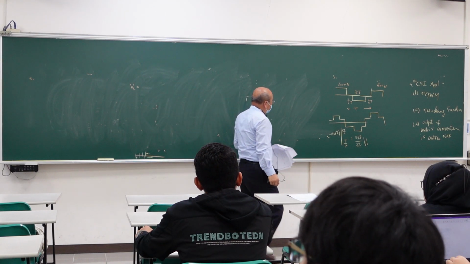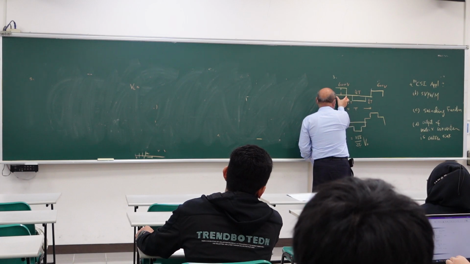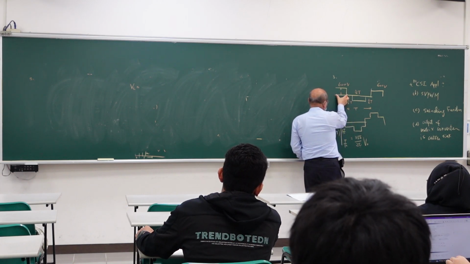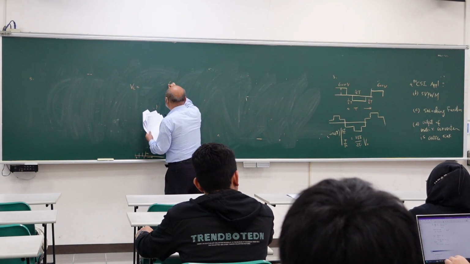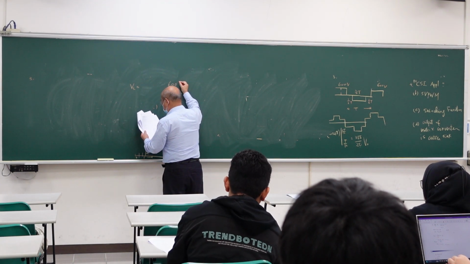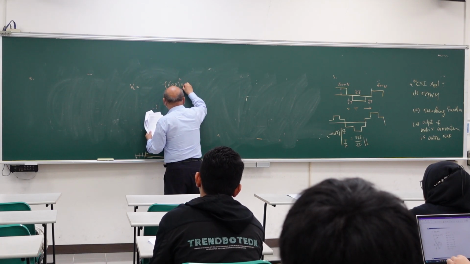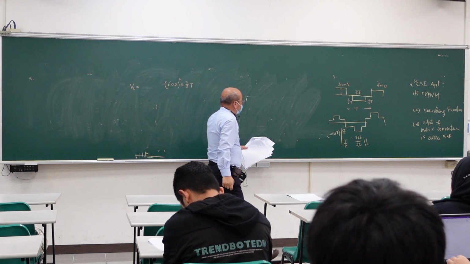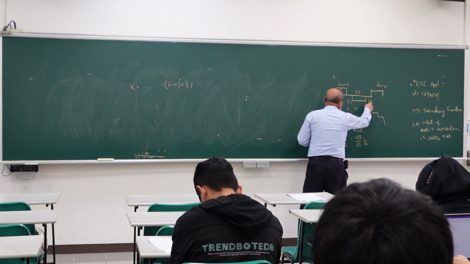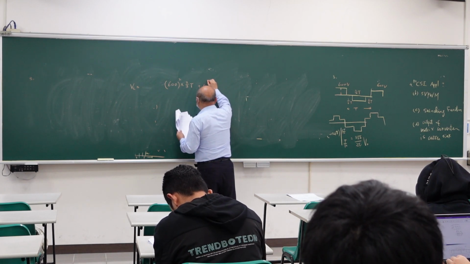VL is equal to this voltage multiplied by this time interval. So we have this one. And also these two intervals, this is 0.